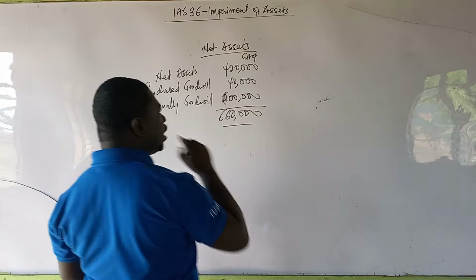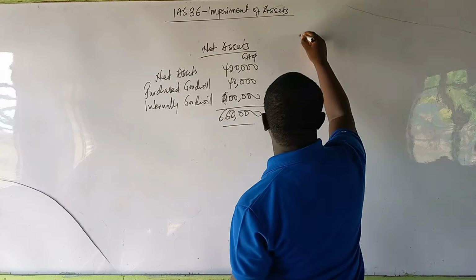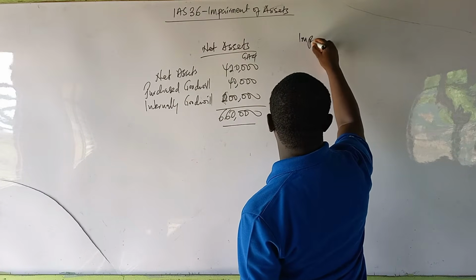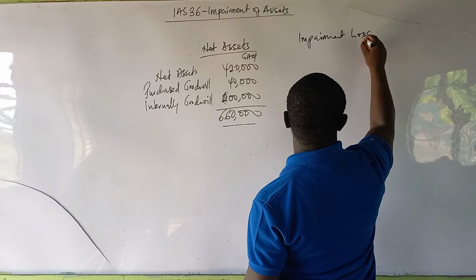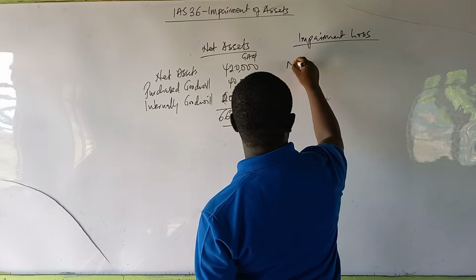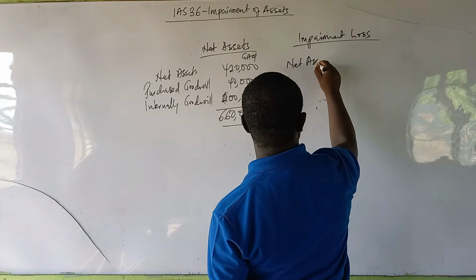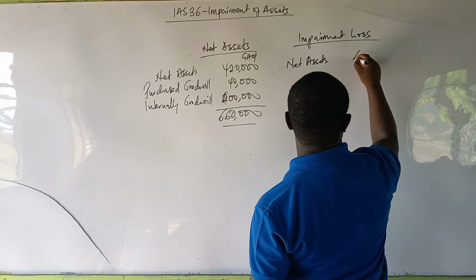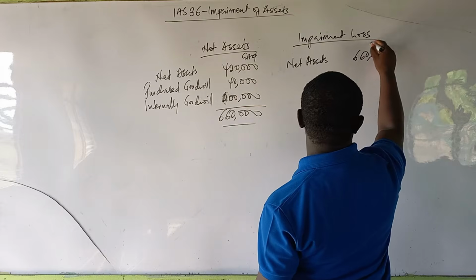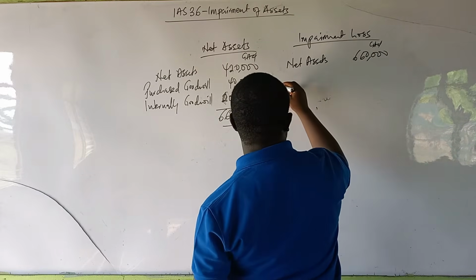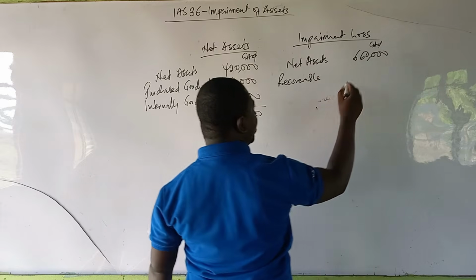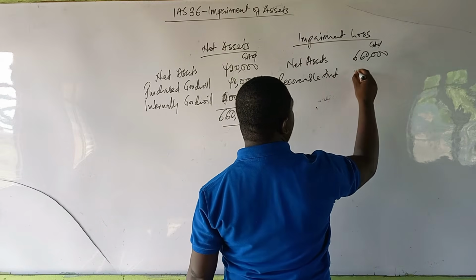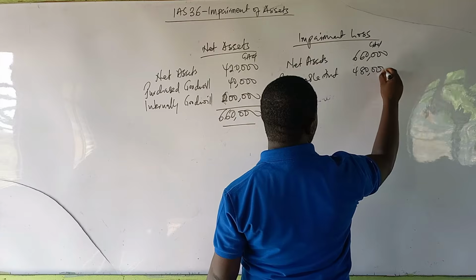And then we can say that to calculate impairment loss, it is your net assets value, which is now 660,000, minus the recoverable amount, which we have explained to be 480,000.